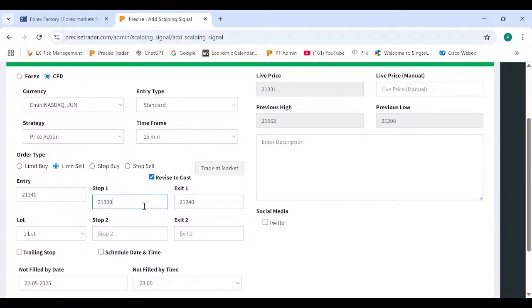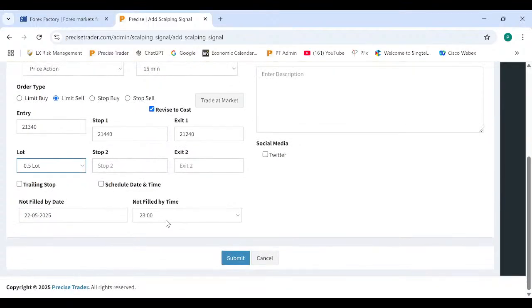Stop 440. TP 21220, 21230, that is the low. So we'll try to buy at 240. This is half lot, and expiry is only until 10.